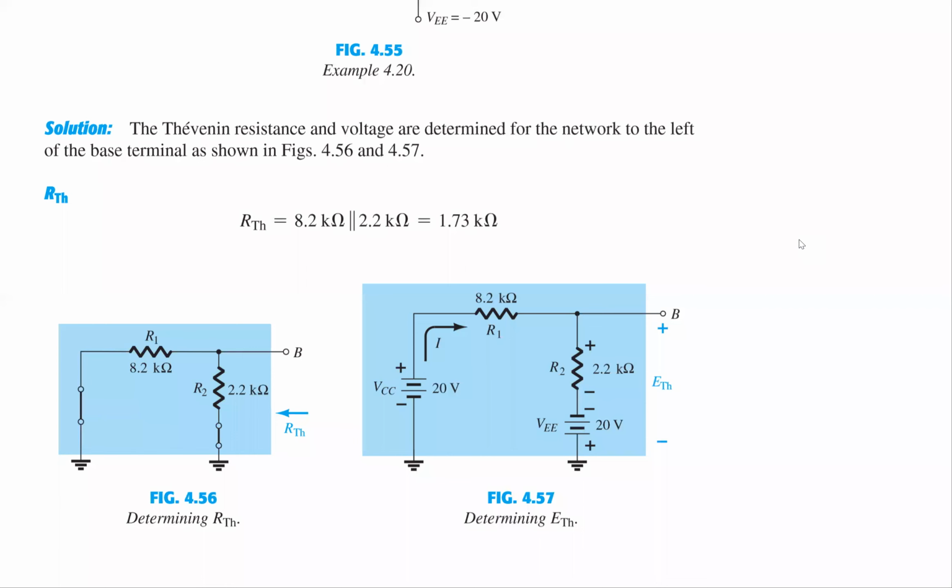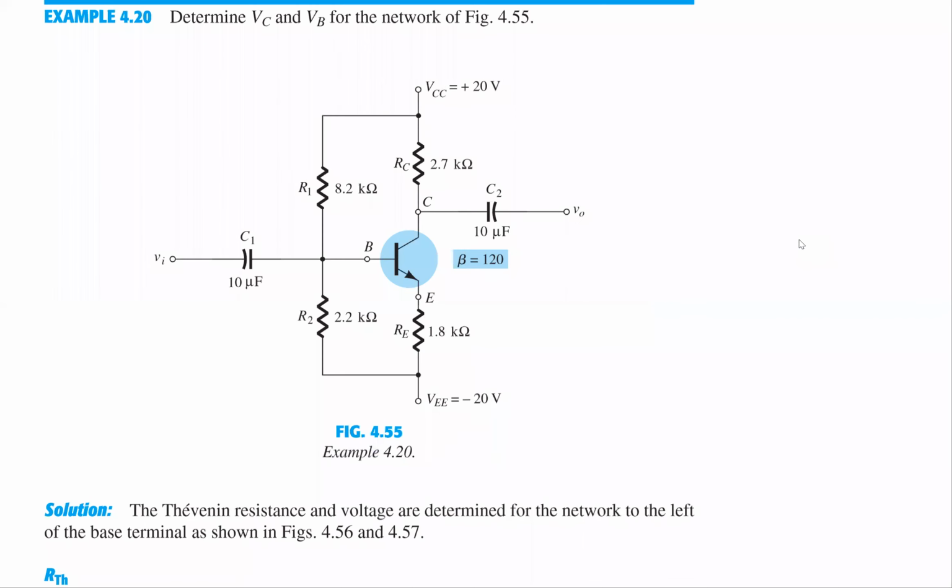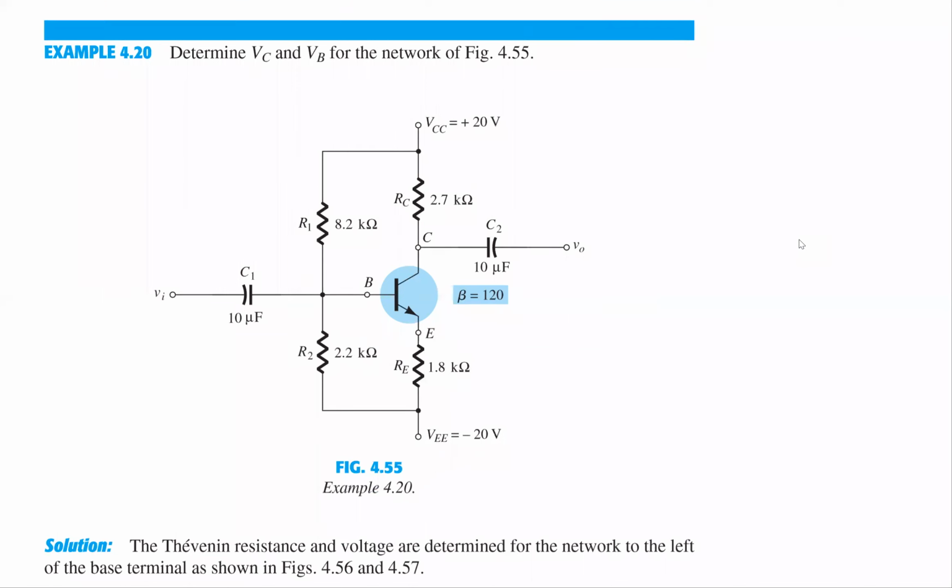Before that we were discussing this example in which we have two biasing sources, one is VCC and the other one is VEE. We are using the exact method, in which we figure out the Thevenin equivalent resistance and Thevenin equivalent voltage.